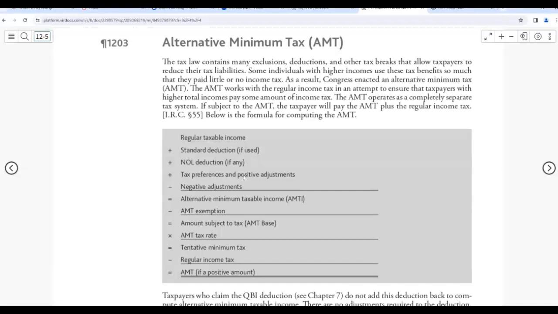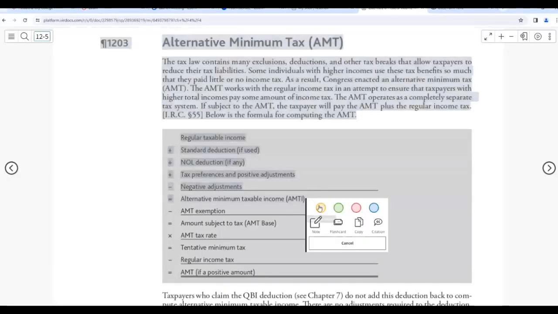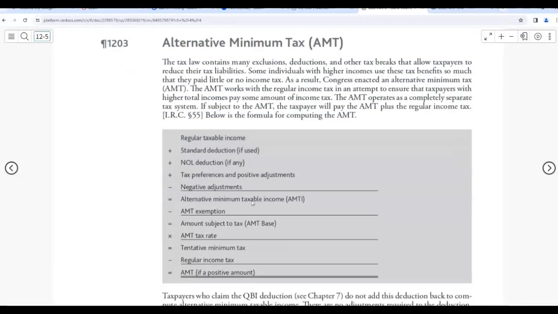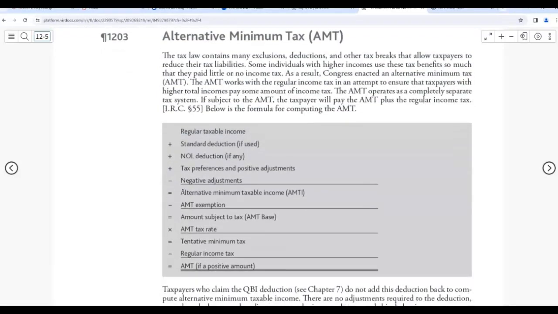The other thing that's confusing is why are you adding a deduction and not deducting a deduction? Because they want to know how much alternative minimum taxable income you really have. How much taxable income you really have. So you're putting that stuff back, like, you're not getting the deduction, you're not getting this, you're not getting that.